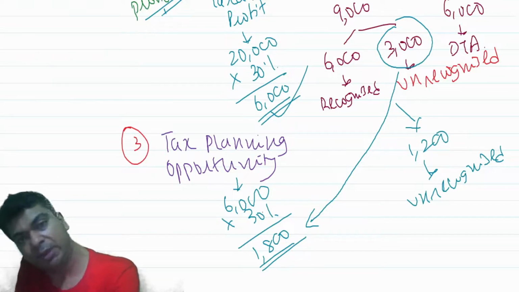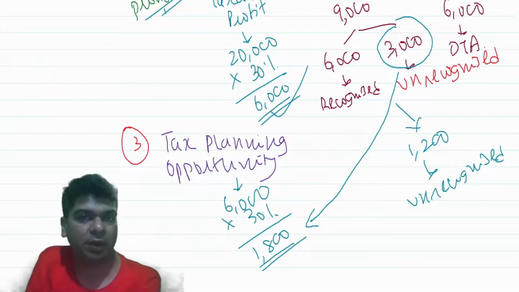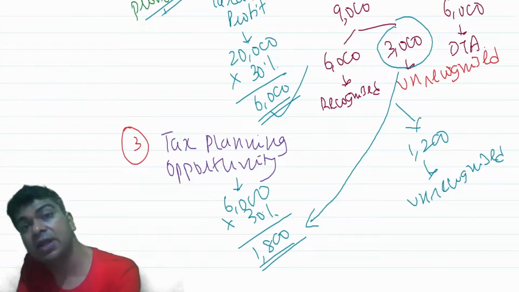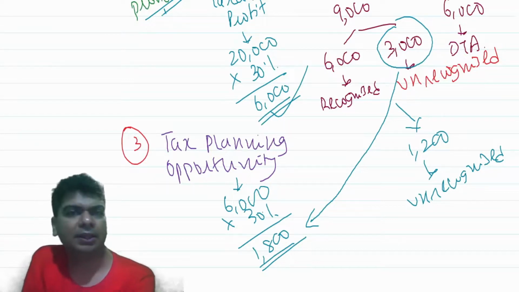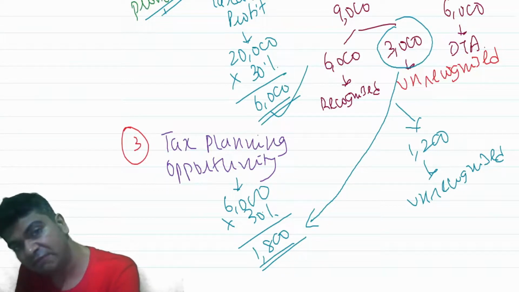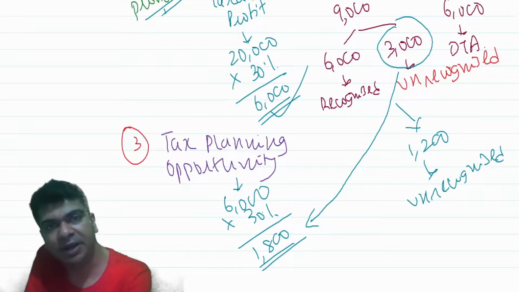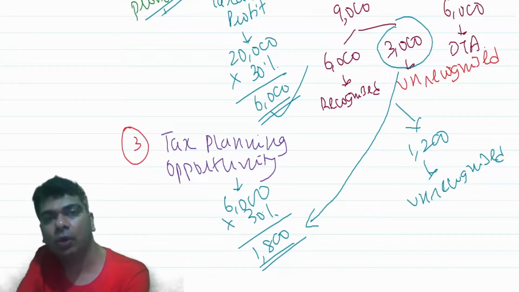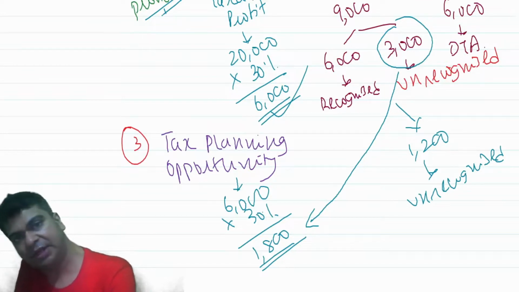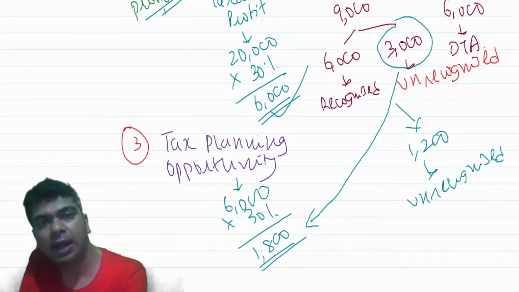Or there may be more than sufficient taxable income available. Then also I can recognize the unrecognized portion of DTA. So every year the entity should review whether the portion of DTA which remained unrecognized in the previous year can be recognized in the current year or not. However, as far as the current year is considered, 1,200 will remain unrecognized.